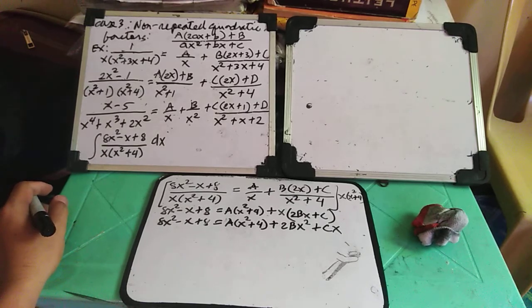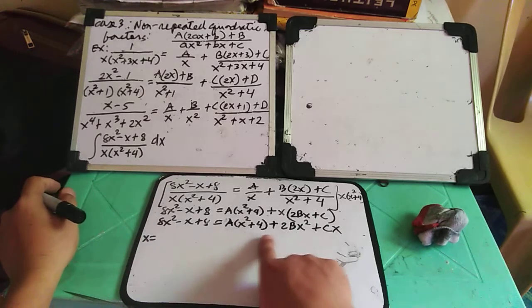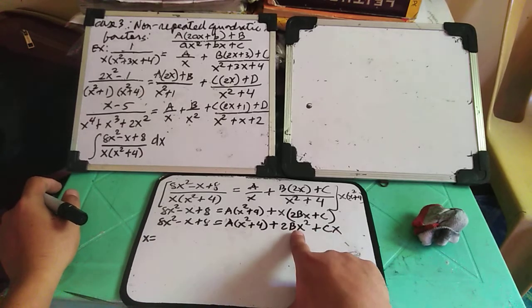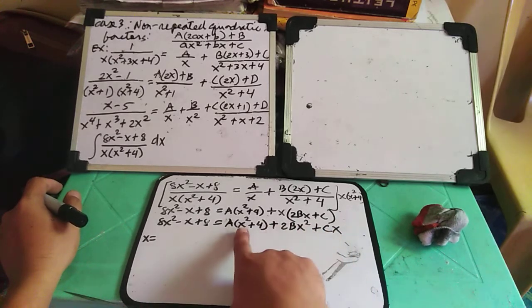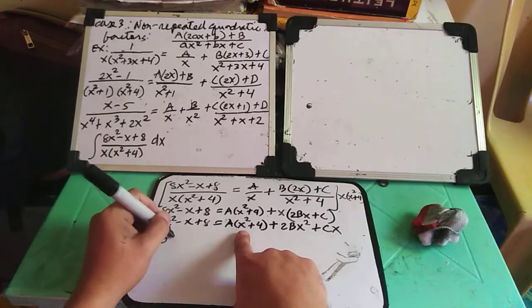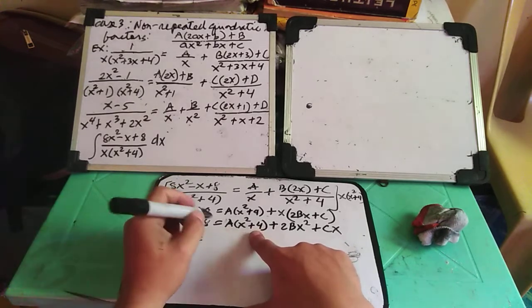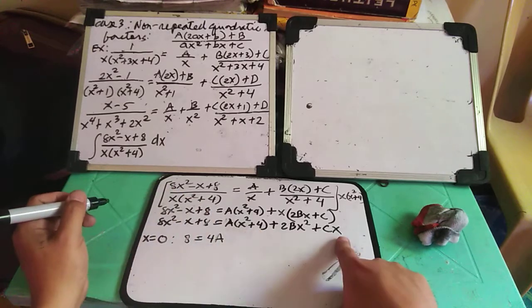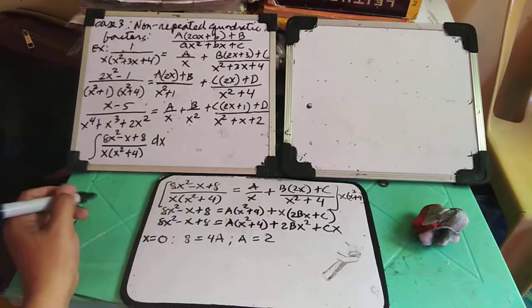Then applying the vanishing factors, let x equals 0, since if x is 0, these two terms vanish, so we can now solve for a. So if x is 0, we have 8, 4a. So a equals 8 over 4, which is 2.